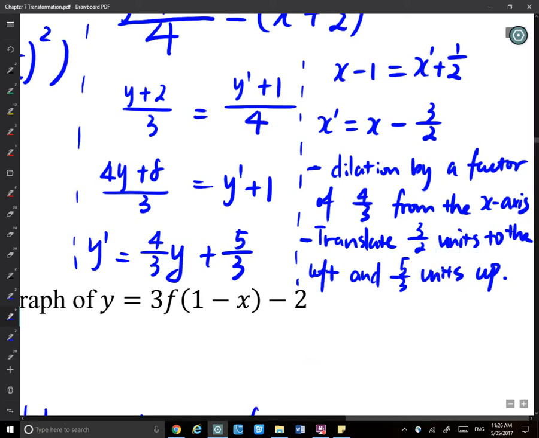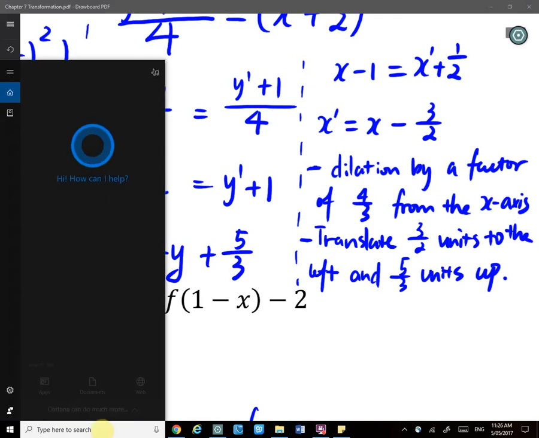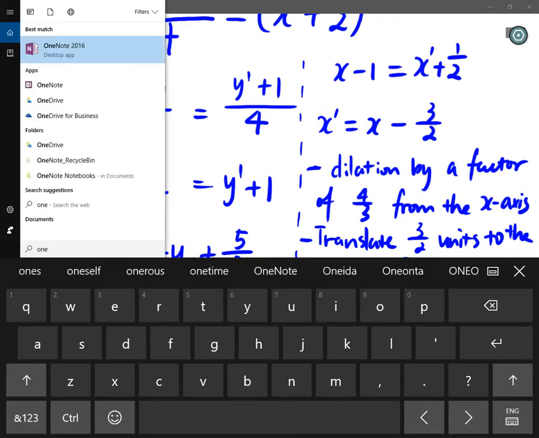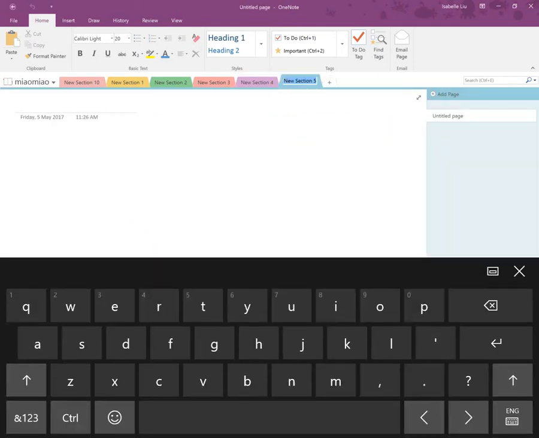Okay, two translations, minus 3 over 2 and plus 5 over 3. One to the left because it's the x side, and one up and down because it's the y side. I don't have enough space, therefore I'll open this and let's have a think.